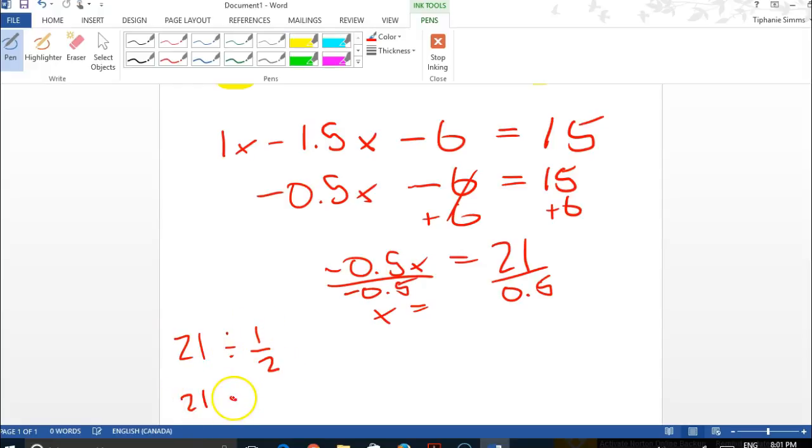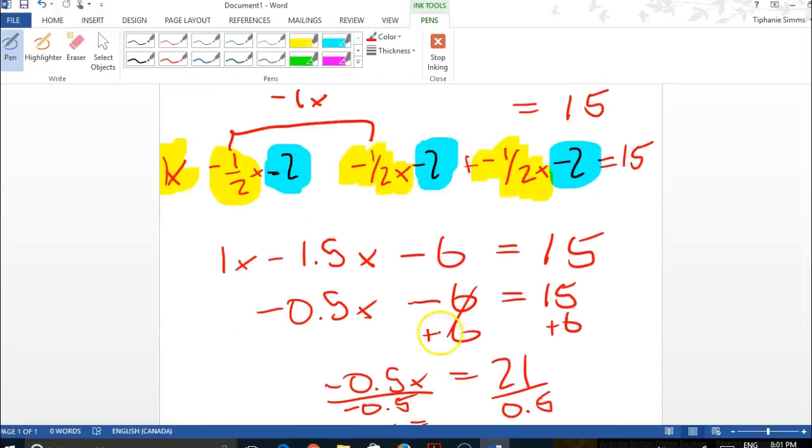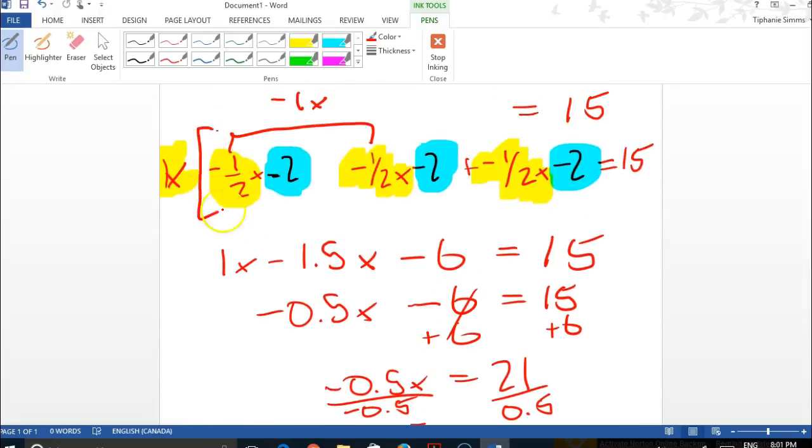If I flip that, it's like multiplying by 2, so that's going to give me 42. So that's the start. He had 42 plants, and that's x, by the way. X equals 42 plants. So that's what he had when he started. Again, here's each guard. Guard 1, he lost 1/2 x, where x is the number of plants that he had, including 2 more, but remember that's a loss, so you have to call that a minus. And then this is the second guard, and this is the third guard.